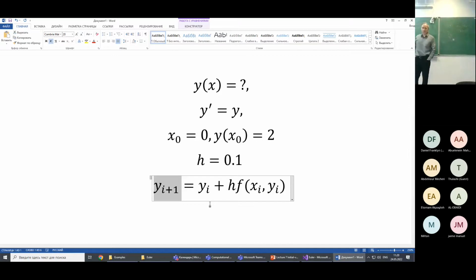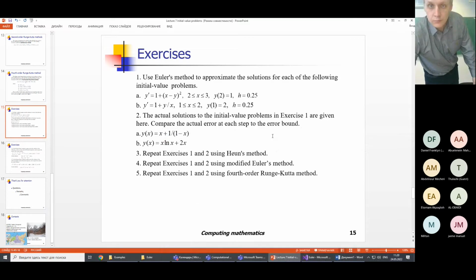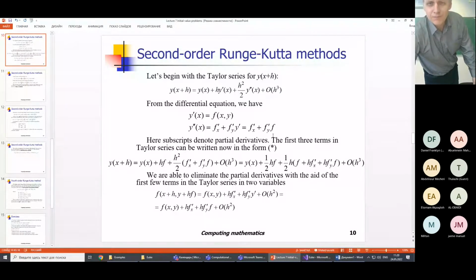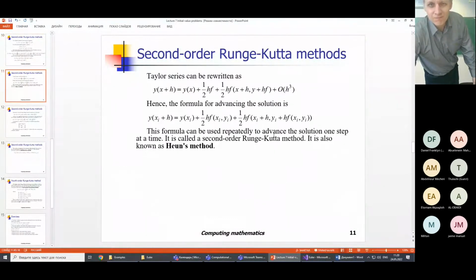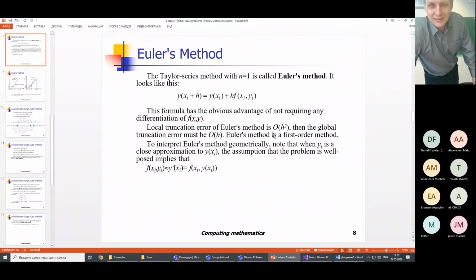If h is 0.1, what is the value of x1? x0 is 0.